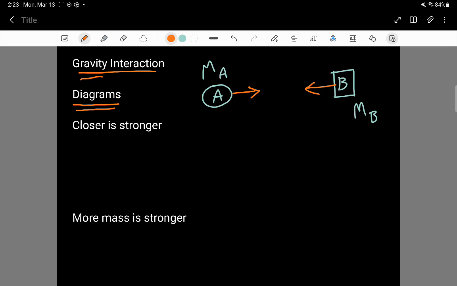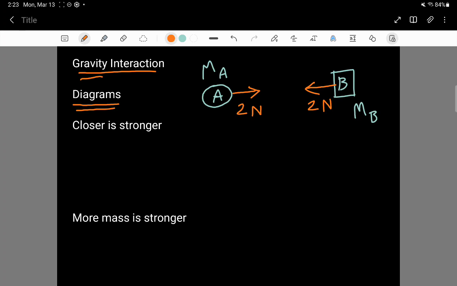As an example, what if the force acting on A was 2 newtons? Then there is also a force on object B of 2 newtons that points in exactly the opposite direction.